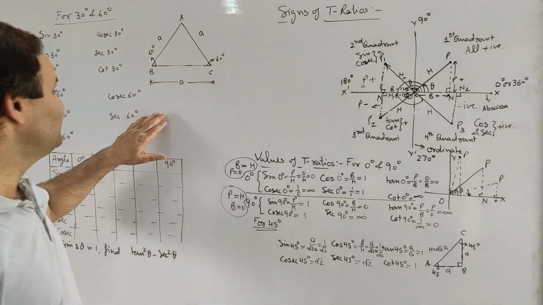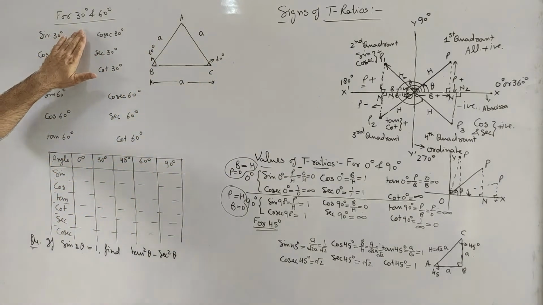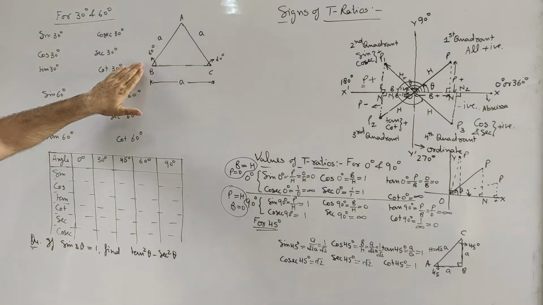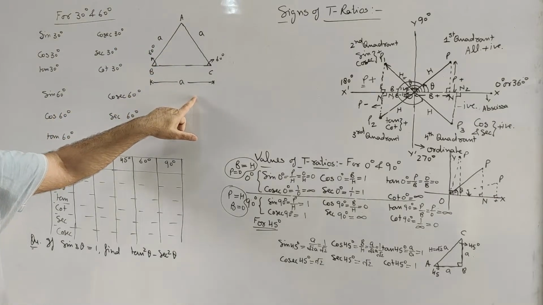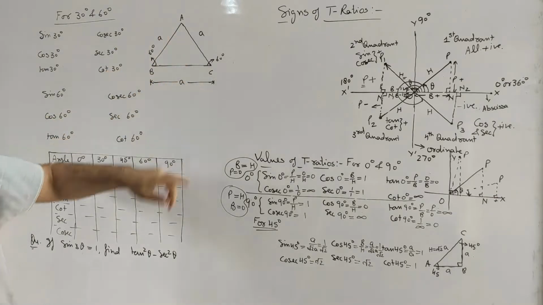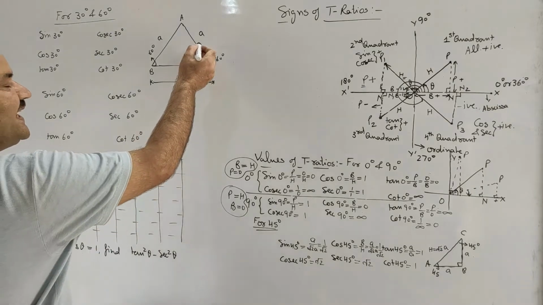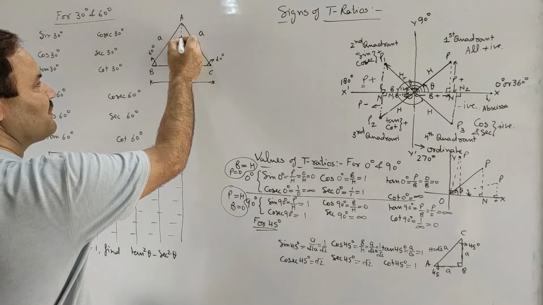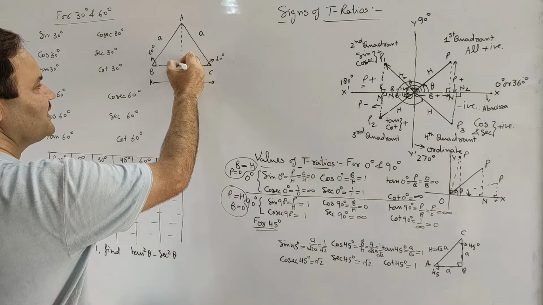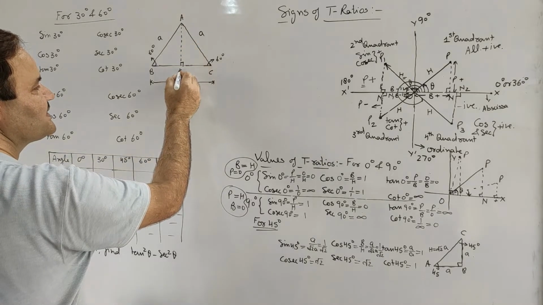Now when we come to the values of T ratios for 30 degree and 60 degree, then we will have to assume an equilateral triangle. So it is an equilateral triangle with edge length A. We are drawing a perpendicular from the vertex of the triangle on its base.